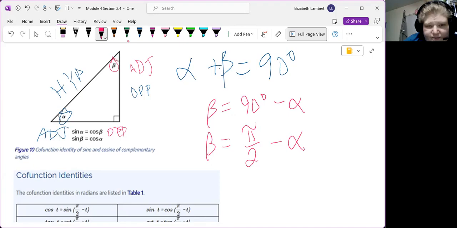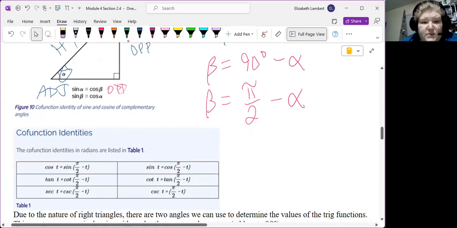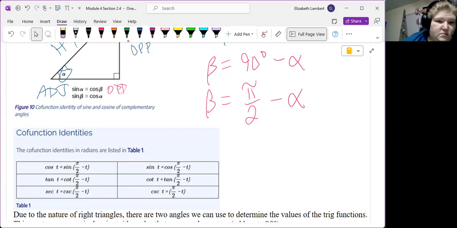So there's this weird back and forth relationship. So we have t versus pi over 2 minus t. So if t is our alpha, pi over 2 minus t is the beta. It's just the other angle in the right triangle.